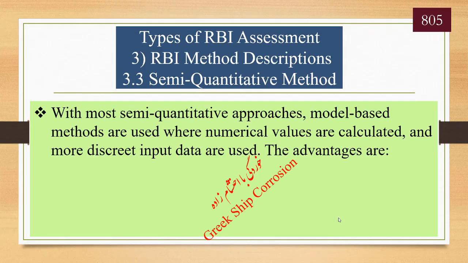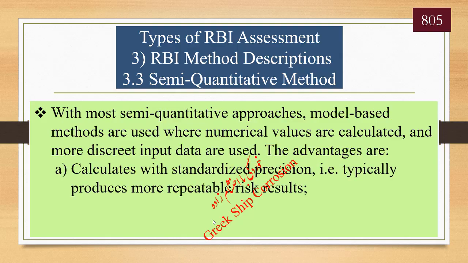With most semi-quantitative approaches, model-based methods are used where numerical values are calculated and more discrete input data are used. The advantages are: A. Calculates with standardized precision, that is, typically produces more repeatable risk results.